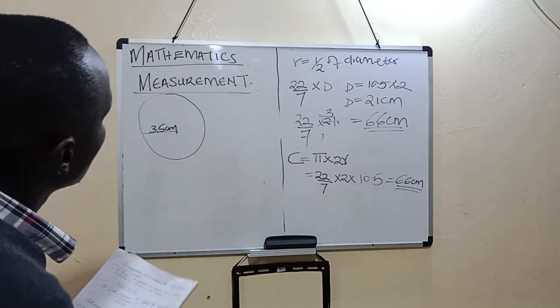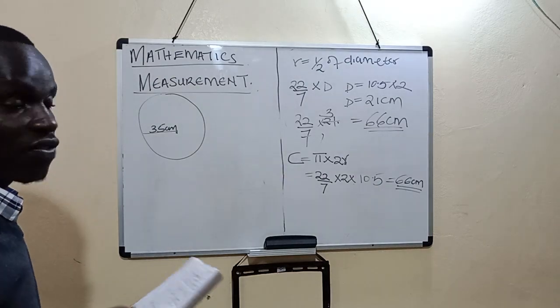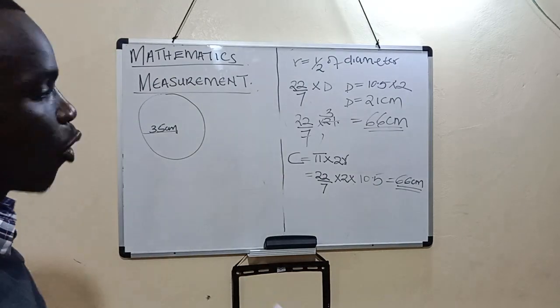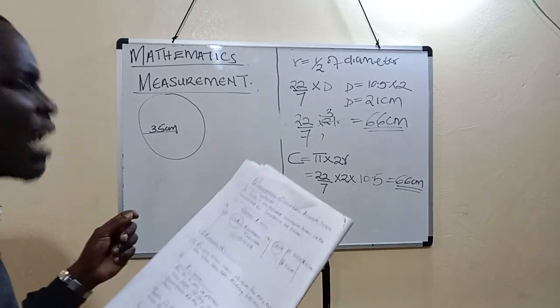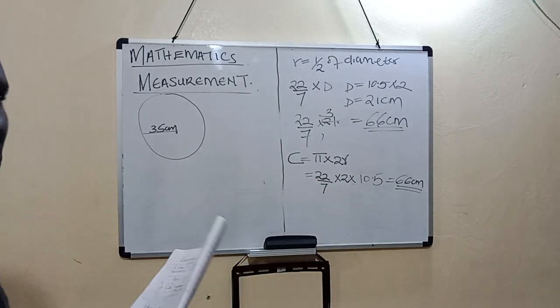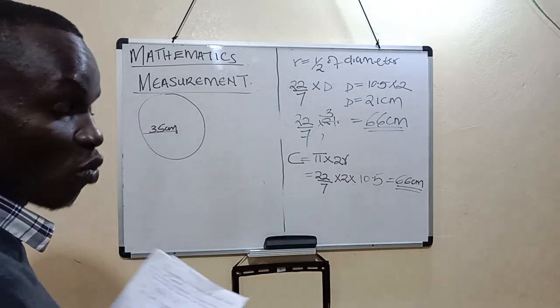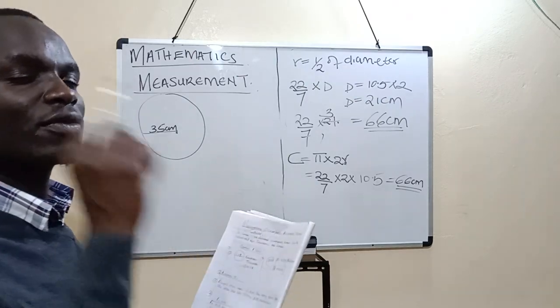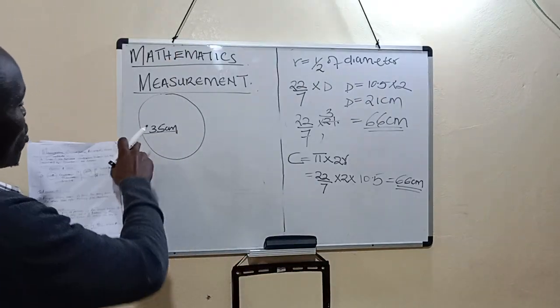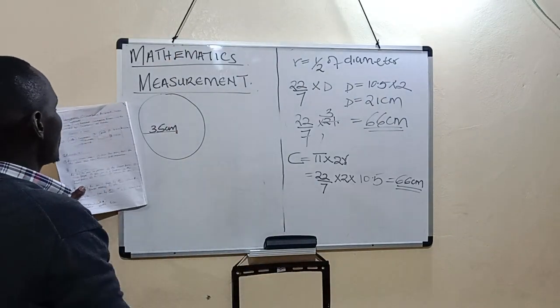You will forgive my circles, I am drawing freehand, so you will have to work with the way they are and just know it is a perfect circle. Now this one is 35 centimeters.